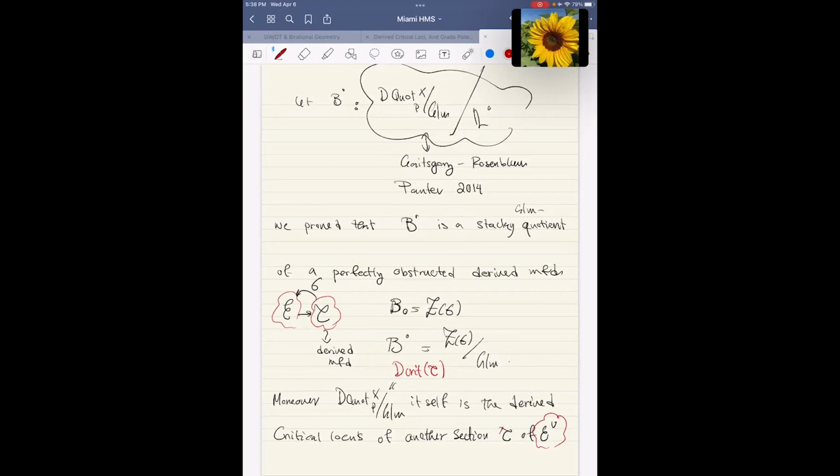The derived critical locus of that gives you the moduli space globally. It just turns out that sections of this dual bundle are functions that live in the -1 piece of the underlying commutative differentially graded algebra. So these are -1 potentials, actually. These are not over A0, but over A_{-1}. I think it is better for me to stop here, but I can answer questions.